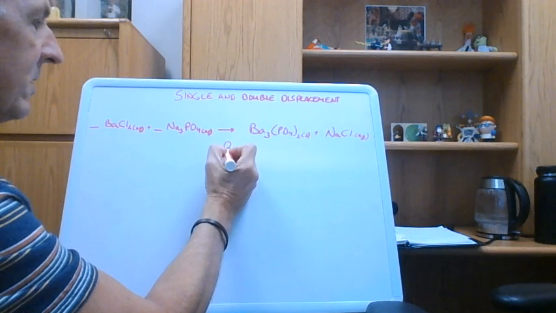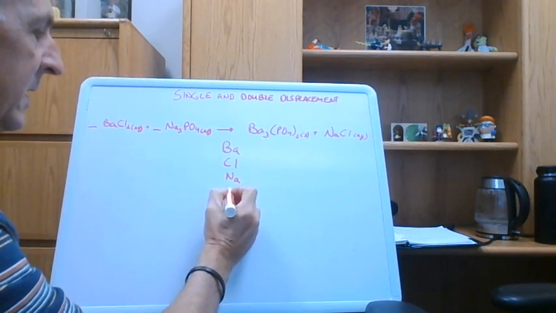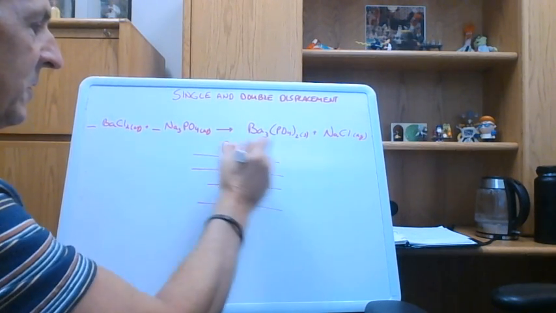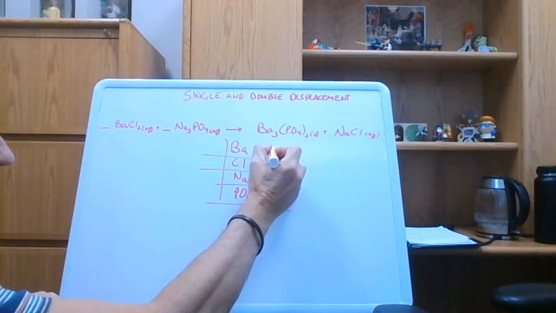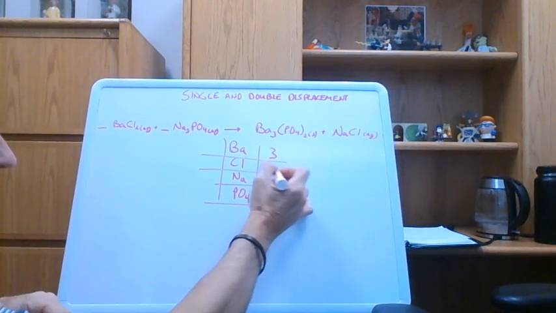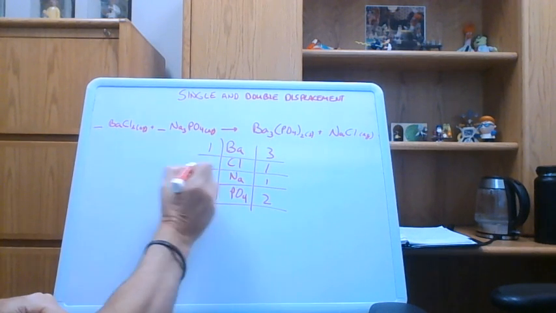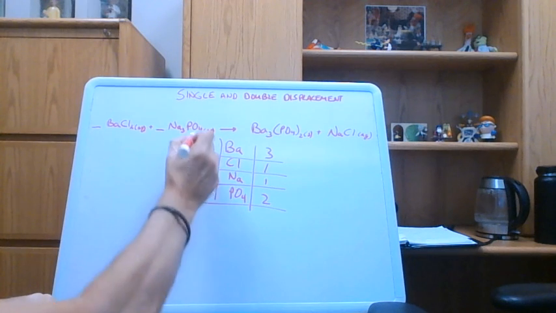Now we need to balance our equation, and we could treat this phosphate as one group here. So here we have 3 barium atoms, we have 2 phosphate, we have 1 sodium and 1 chlorine. Over here we have 1 barium, 2 chlorine atoms, 3 sodium, and 1 phosphate.